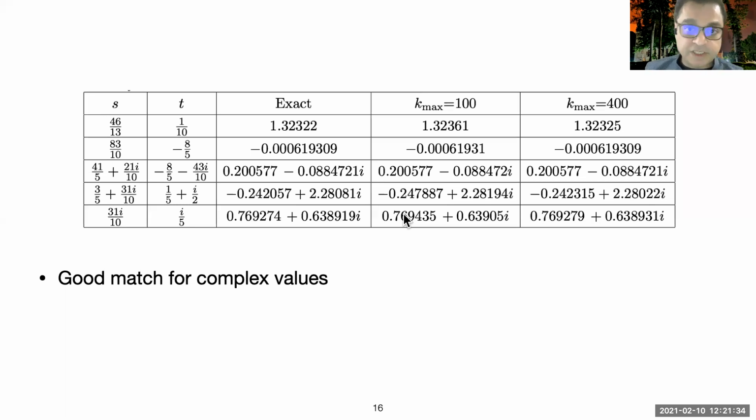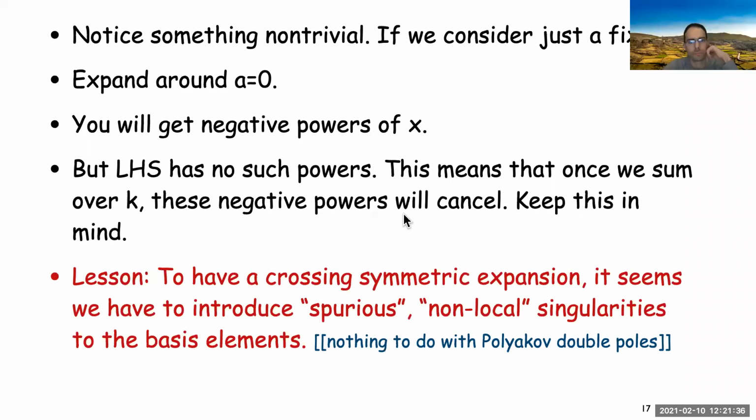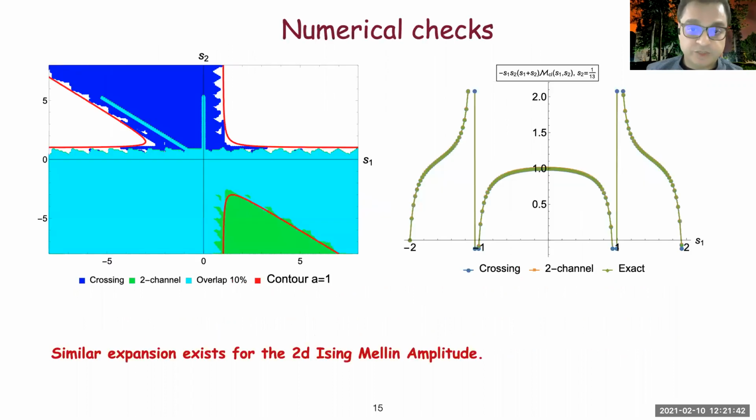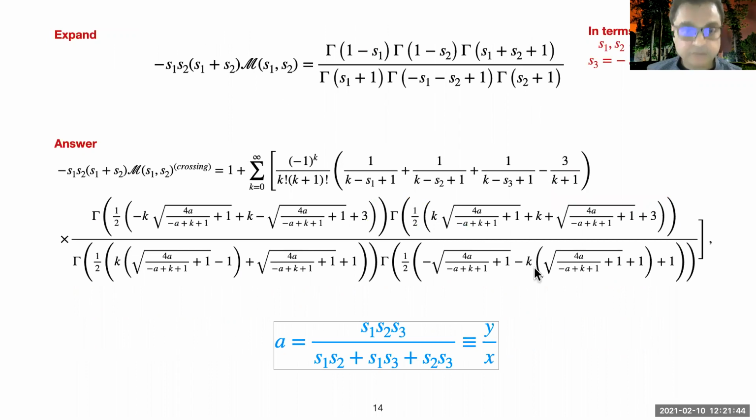So this was a sanity check, but notice that something is non-trivial. So just consider a fixed case. So say one of the terms in the sum. So here. And let's consider expanding around a equal to 0. So why a equal to 0 is a nice point to expand around, I will come to later. That comes because of the fact where the partial wave expansion converges.